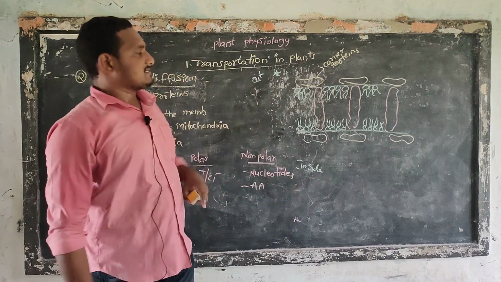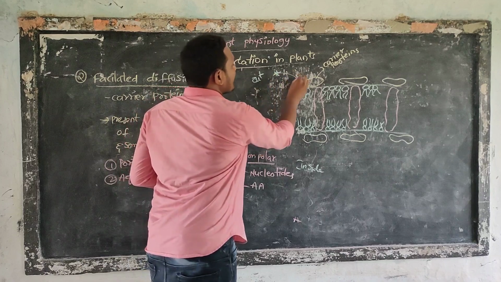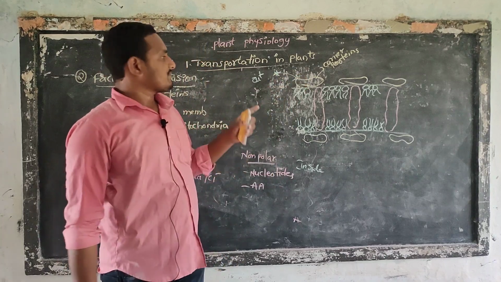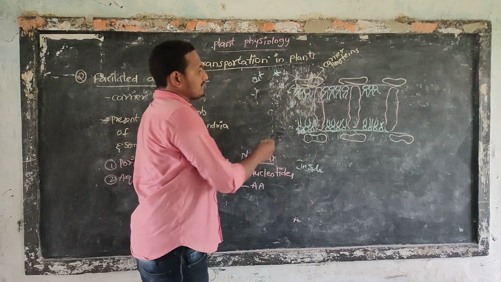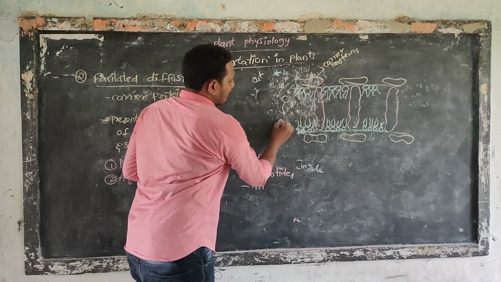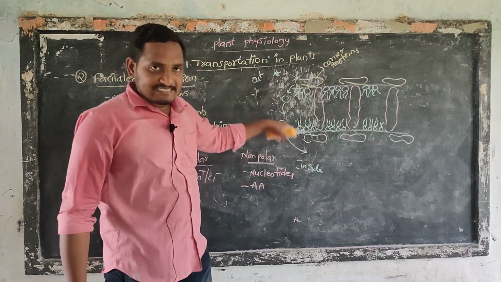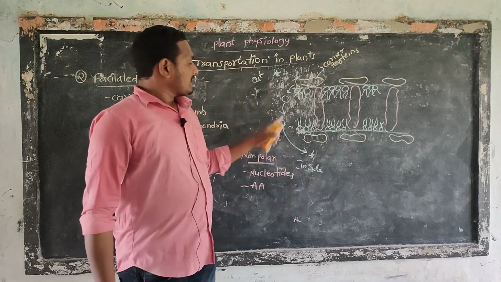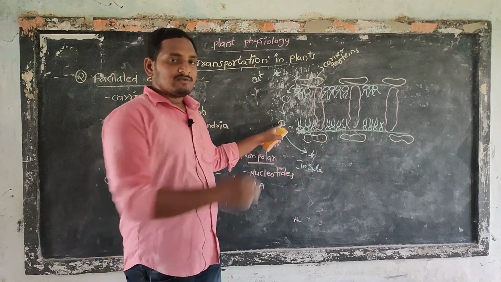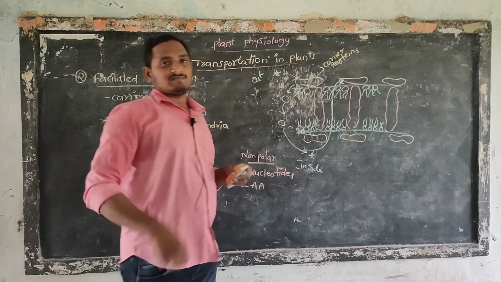Outside to inside, every time the particle binds with a carrier protein. The carrier protein moves inside, which helps the substance get inside. So the substance comes inside, and then the carrier protein comes back.